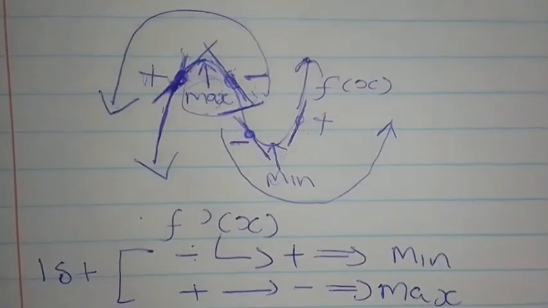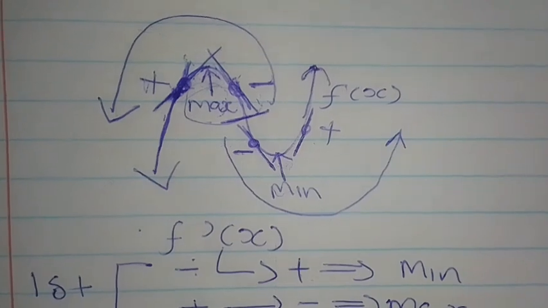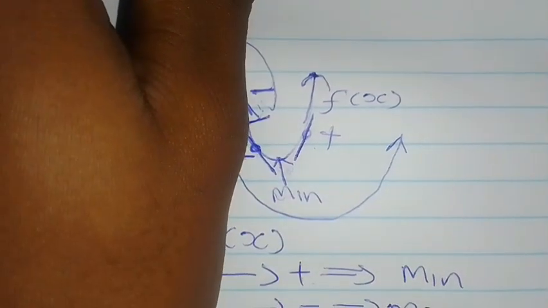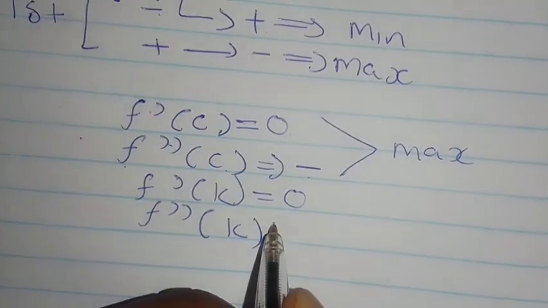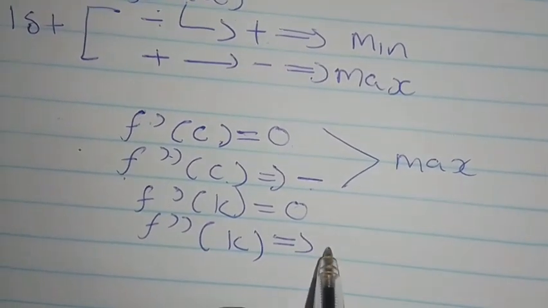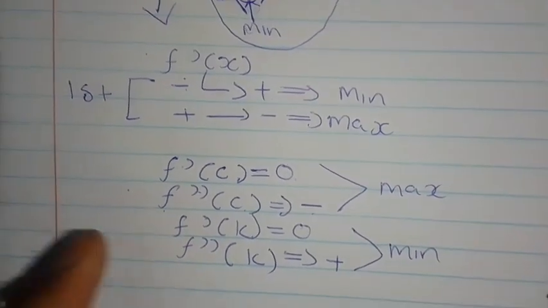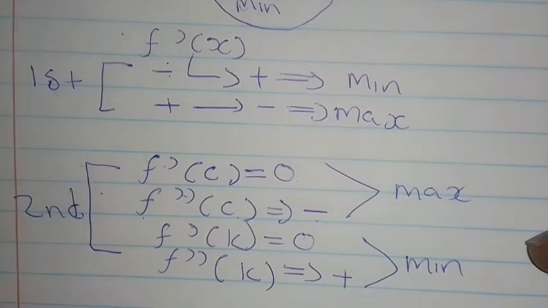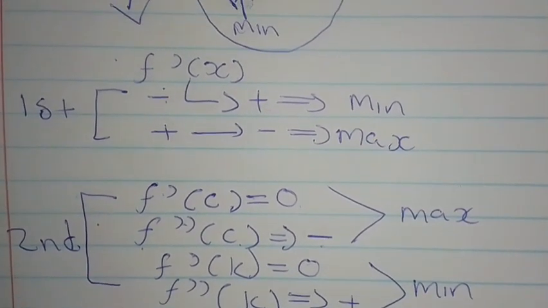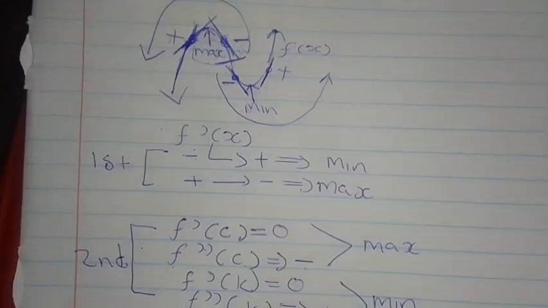If you take a restriction here, you can see that the graph faces up. That means that the second derivative at that point will be positive, and therefore you'll have a local minimum turning point. So that's the second derivative test. That's how you can do this. This is the application of derivatives.